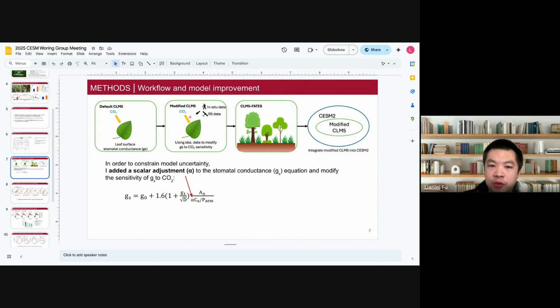Yes, for the model, at this stage I use the equation at the grid level. In the ELEVATE project, we also collect tree level data, so maybe we can consider the tree level or the soil data.